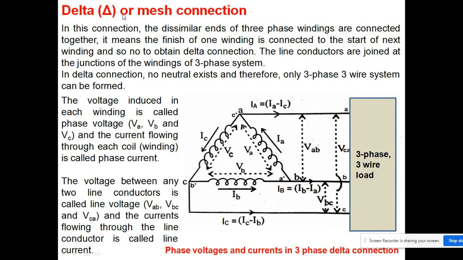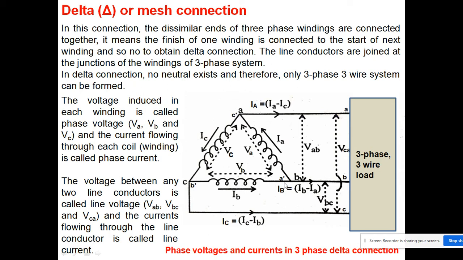The delta, or as we also call it, the mesh connection, is represented in this circuit diagram. In this connection, the dissimilar ends are joined. If I take coil A and A dash, then the dissimilar end of the other coil is C dash, not C, because A is the high potential terminal and C dash is the low potential terminal.